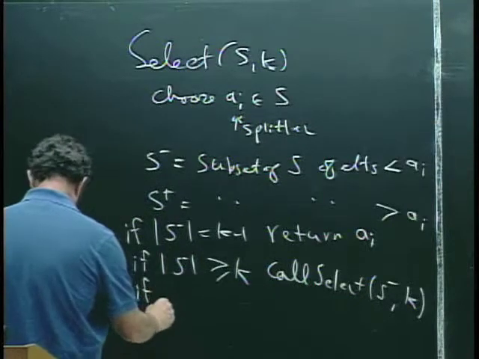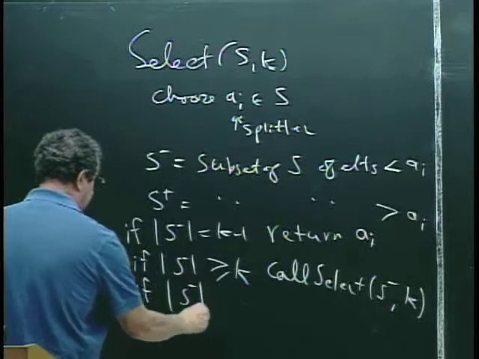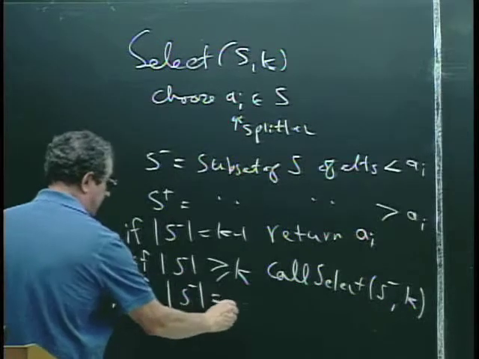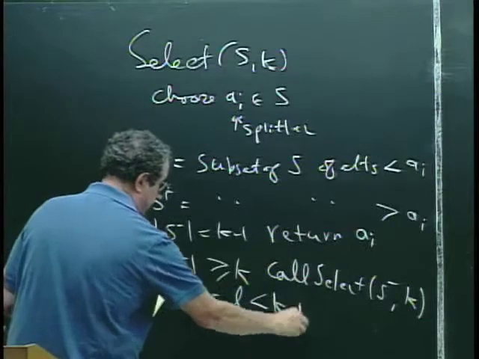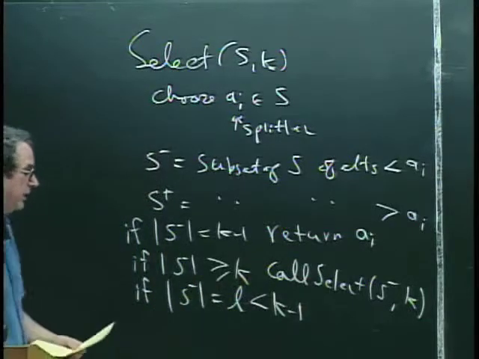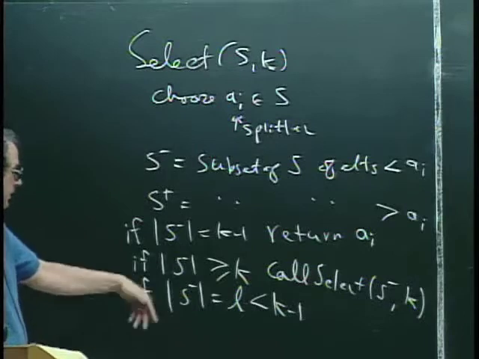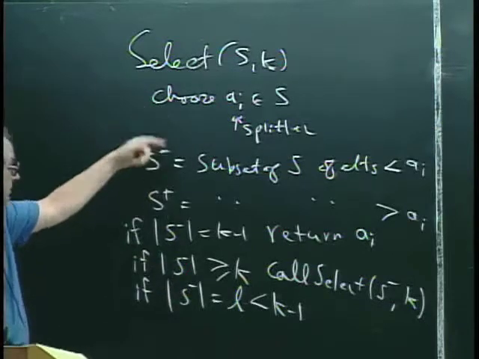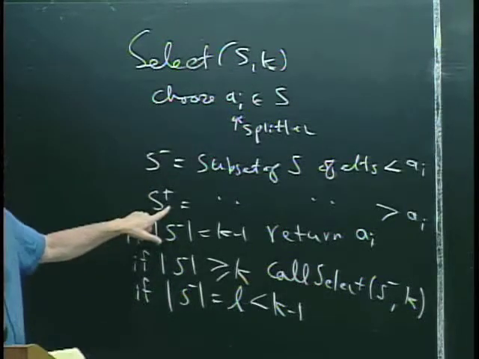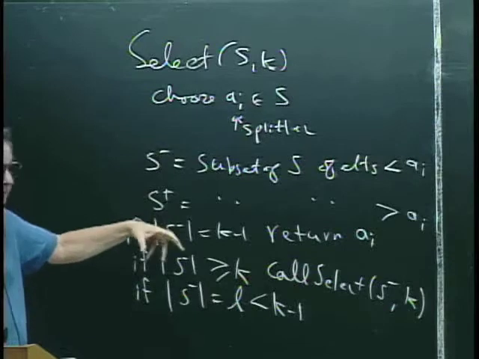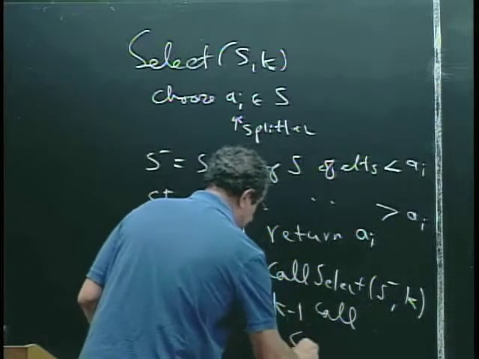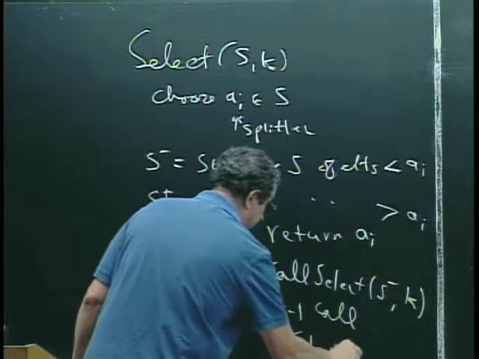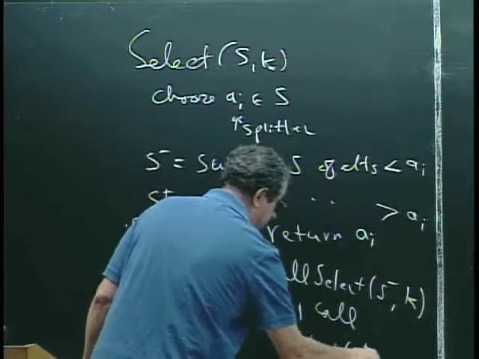The final possibility is that the size of S minus is equal to a variable I'll call L, and that L is less than k minus 1. And in that case, we know that the kth smallest element in S must be in S plus. And so we're going to recursively call select inside S plus.